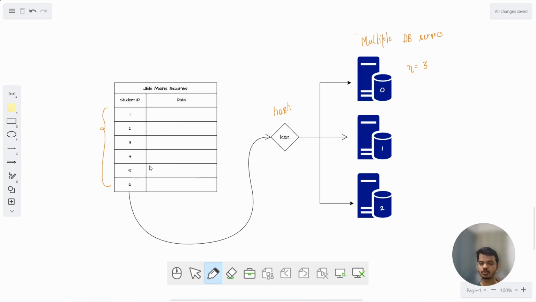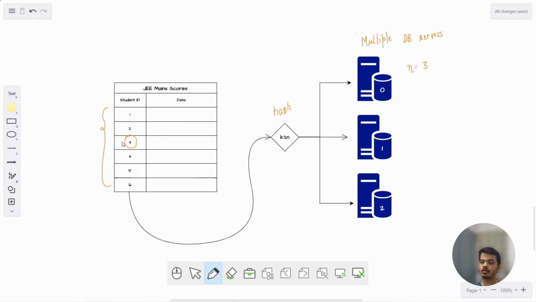For simplicity we are assuming 6 students have appeared for JEE Mains. Now the number of keys is going to be 6. Now let's say you need to write data about the student with student ID 3 on a database server.